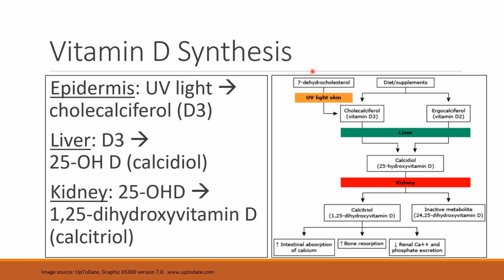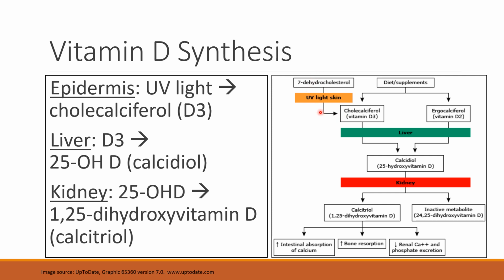So that's a cholesterol type substance. Remember, that's a lipid. So that lipid, that cholesterol substance, gets converted through the action of ultraviolet light in your epidermis to cholecalciferol, or vitamin D3. That is the process here that happens in the skin.